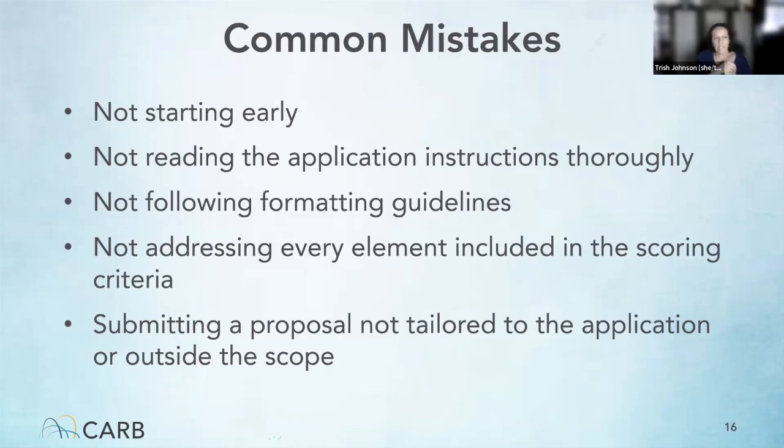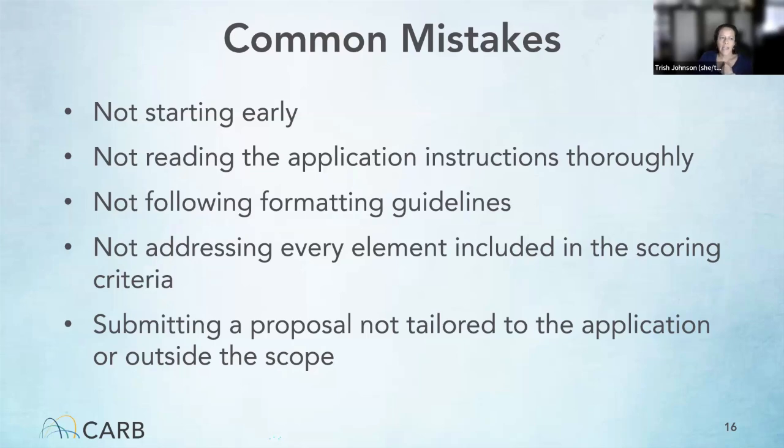Some common mistakes are provided here. Common mistakes can include not starting early or waiting until the last minute to begin, not reading the application instructions thoroughly, not following the formatting guidelines, not addressing every element included in the scoring criteria or the requirements for submission.